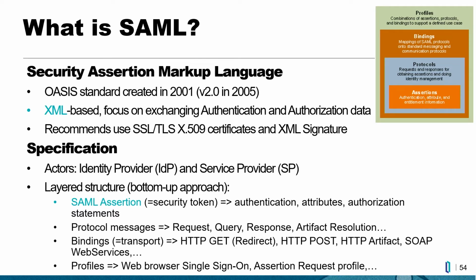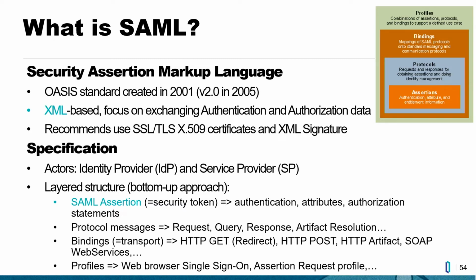There's one thing interesting in particular about the specification of SAML and the collection of documents that specify SAML. It's constructed as a bottom-up approach, meaning that it first defines your security token, the SAML assertion. Then, on top of it, defines messages for requesting that assertion or containing it as a response.